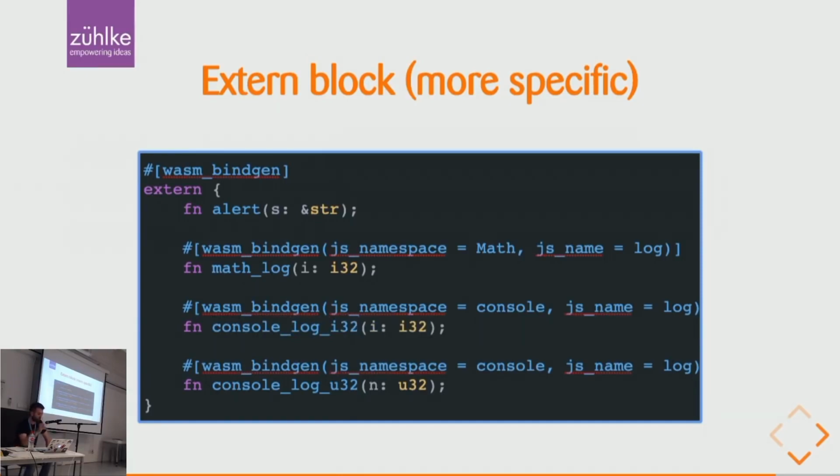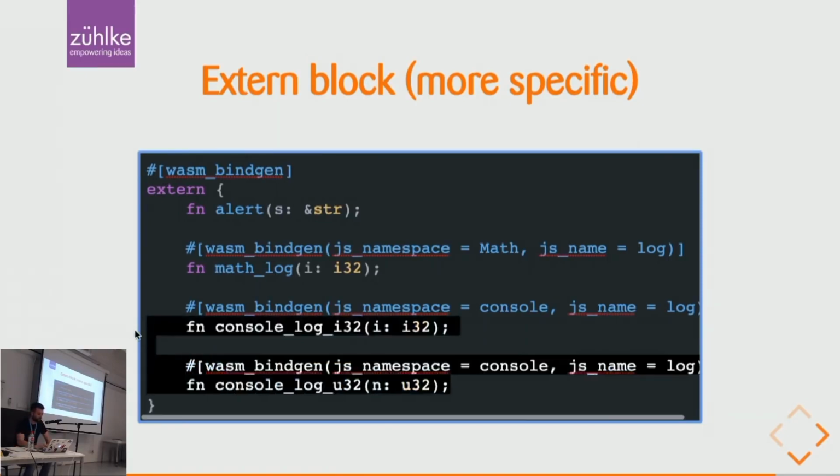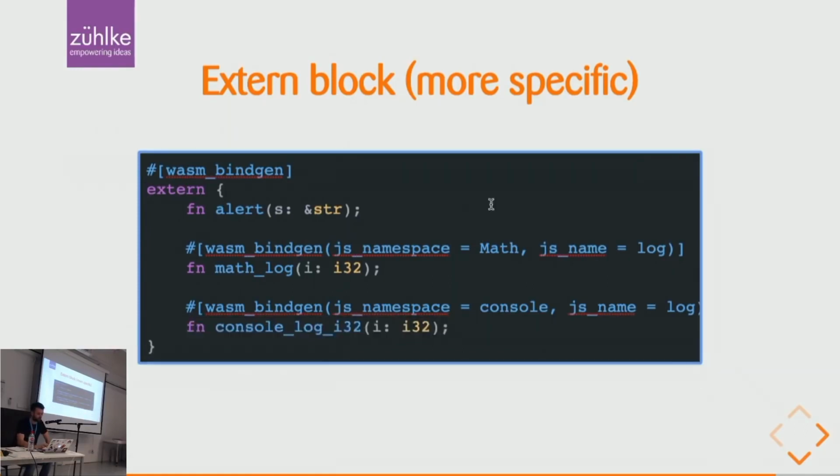So now we have both methods in there, right? So we now injected the math logarithm function, and we injected console log, but under completely different names, so they are not messing up our brains. Does that make sense?